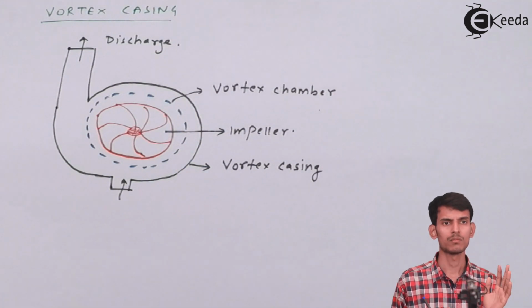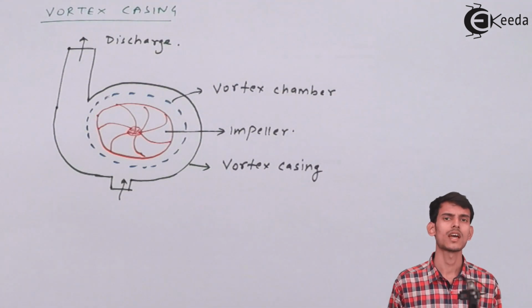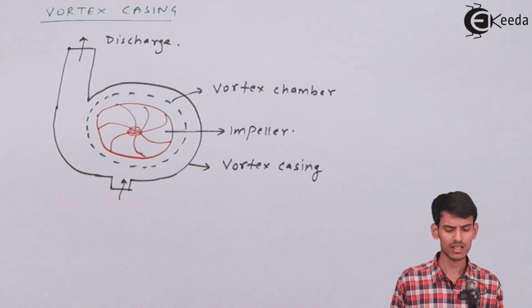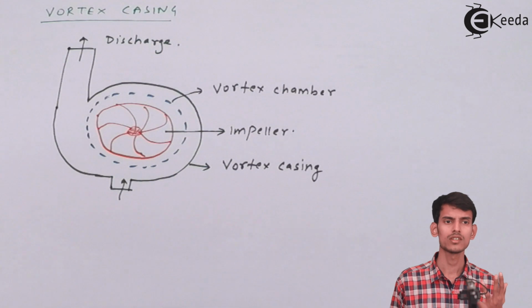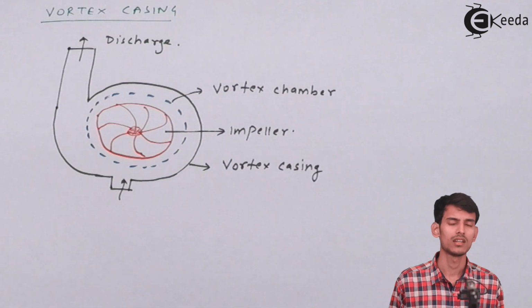Because of the reduction in eddies, the losses that happen because of eddy creation are reduced, and in turn the efficiency of the pump increases. So the vortex chamber helps to reduce the losses that happen in the pump because of eddies, that is the rotations of fluid, and in turn it helps to increase the efficiency of the pump.